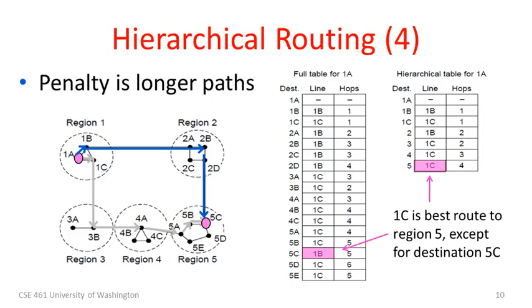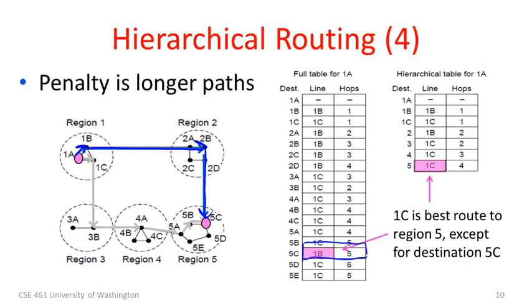That's the example here. Now you can see in the full table, from 1A, if I want to go to 5C, it's this entry here, it says I can get there in 5 hops going via 1B. And you can see I've put in blue on the diagram the path we would have taken to get there. And you can count it and you can see that it's 5 hops.